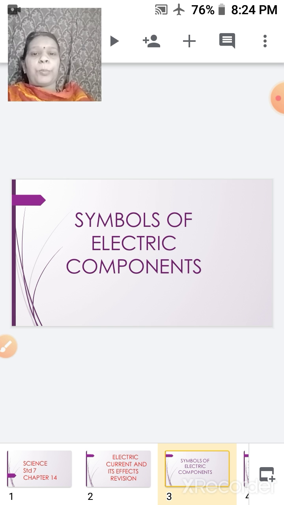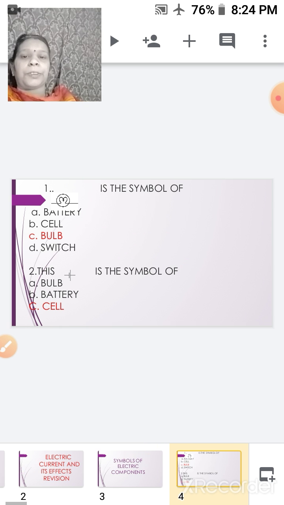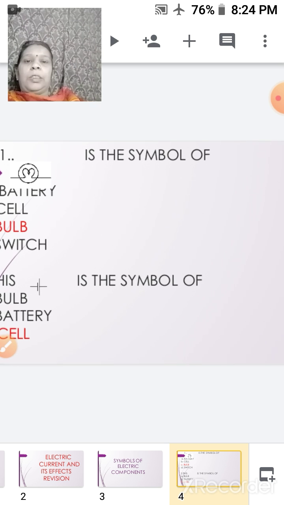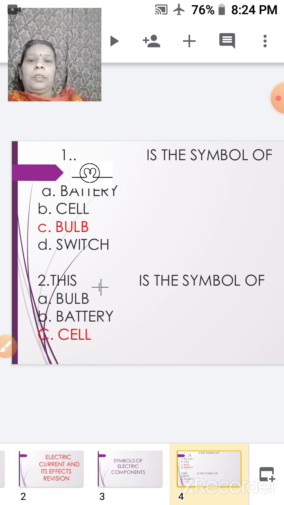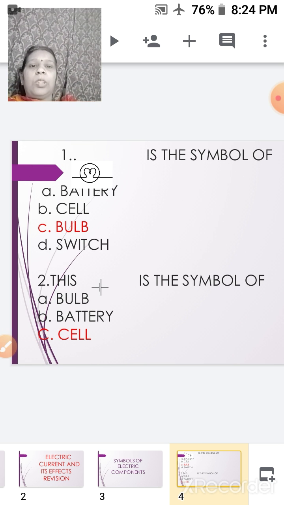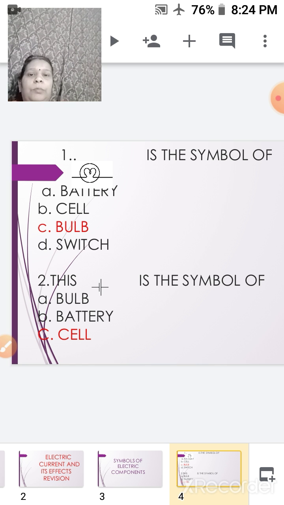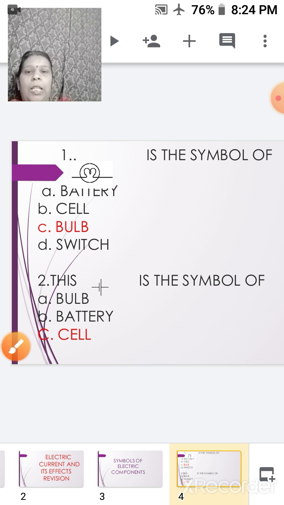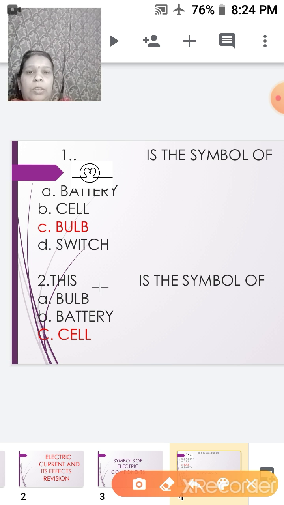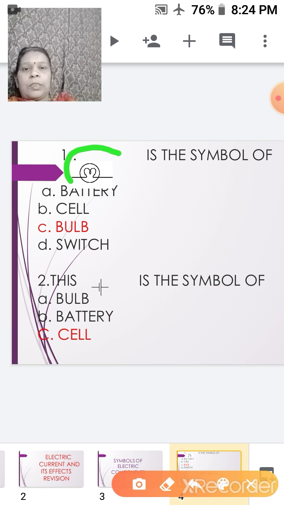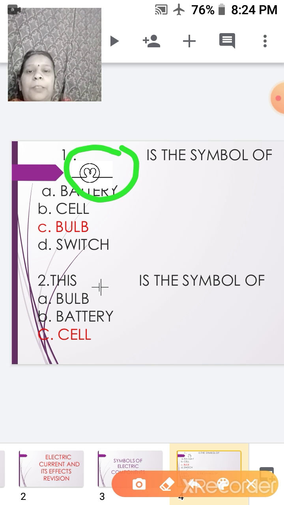The first topic is symbols of electric components. Children, question number 1: this is the symbol of, and the options are battery, cell, bulb and switch. For this one, your answer is bulb.